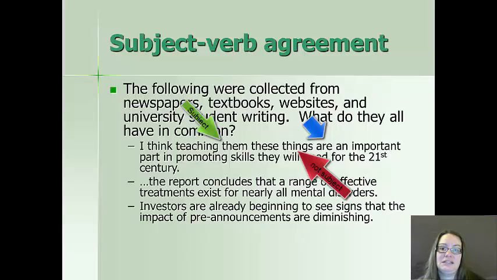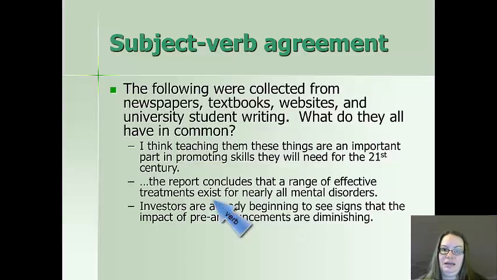Because of the distance between the subject and the verb, sometimes our mental grammar accepts that those sentences are okay. But prescriptive rules say that we should agree with the subject, not the closest noun phrase. In the second sentence, the report concludes that a range of effective treatments exist for nearly all mental disorders. Again, we have a verb, exist, which is near a plural noun, treatments, but that is not the subject of this phrase.